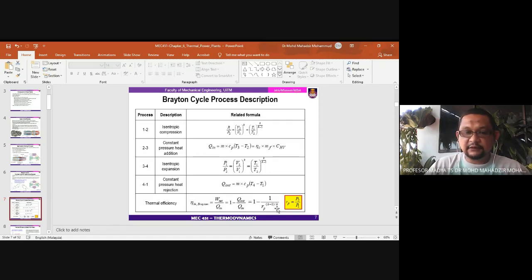In these equations, the pressure ratio r_p has been introduced. r_p is pressure 2 over pressure 1, the final pressure over the initial pressure. It does not have to be 2 and 1; it can also be 4 and 3, or 6 and 5, and so on.